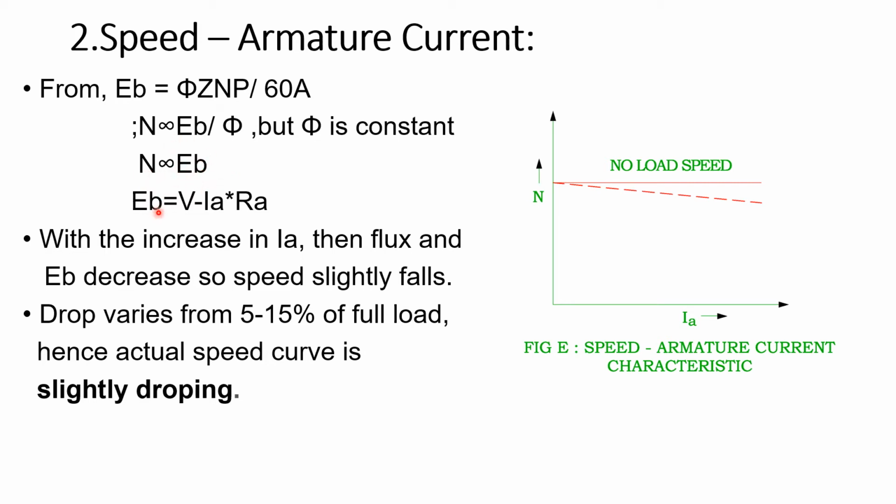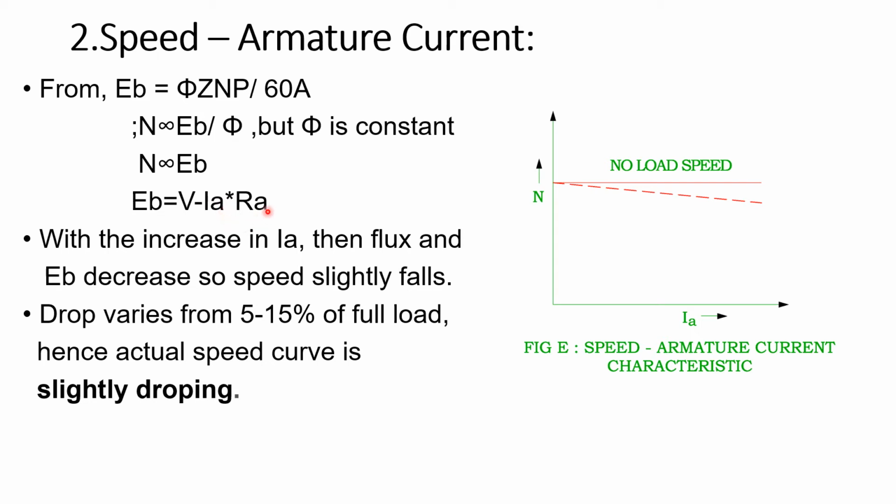But we know that the back EMF equation for DC shunt motors is V minus IA RA. So N is directly proportional to V minus IA RA. And remember that when we increase this armature current, what will happen?